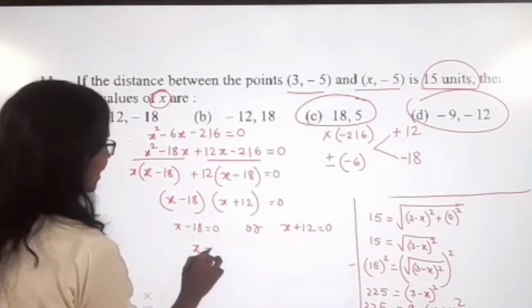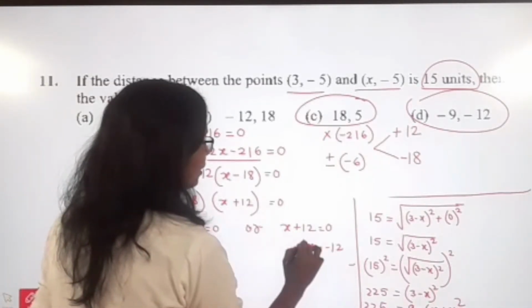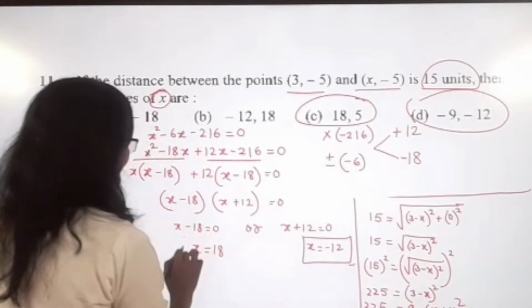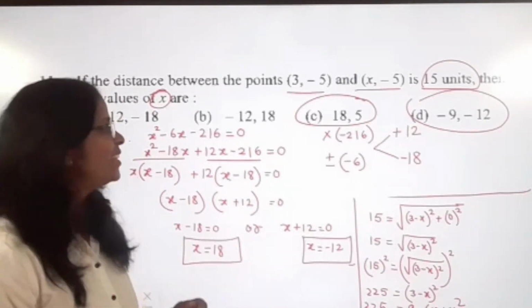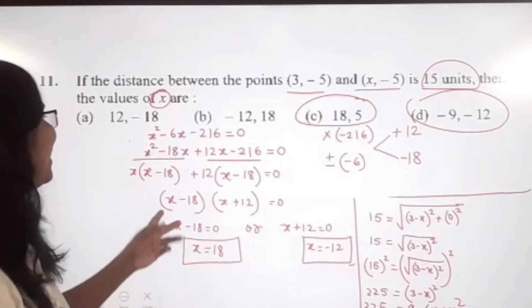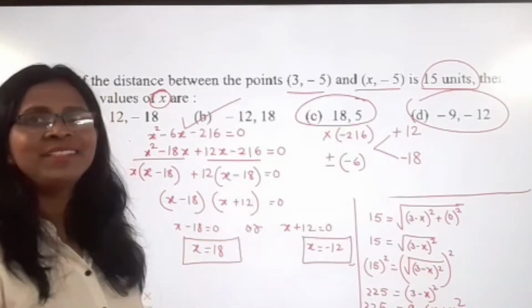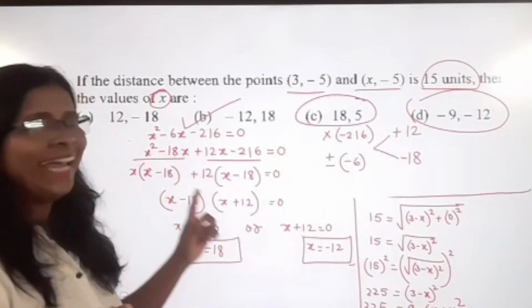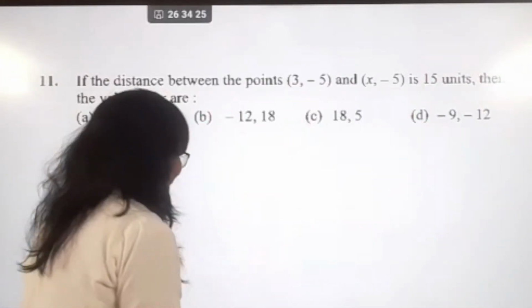That means x is equal to 18 or x is equal to minus 12. So see, A or B, which option is correct? Minus 12, 18, so the correct option is B, minus 12, 18. Okay. Then next one students.